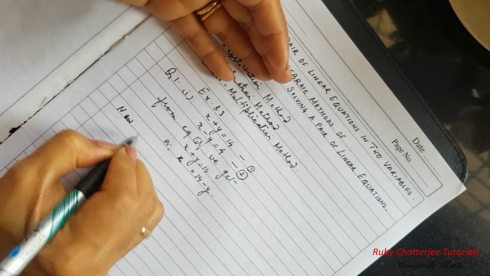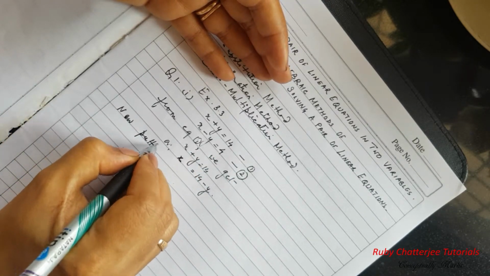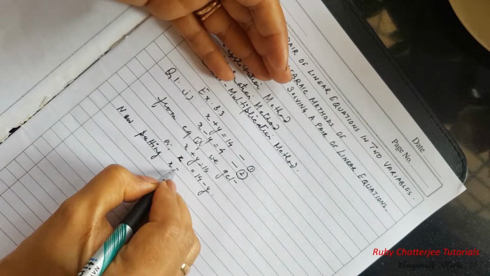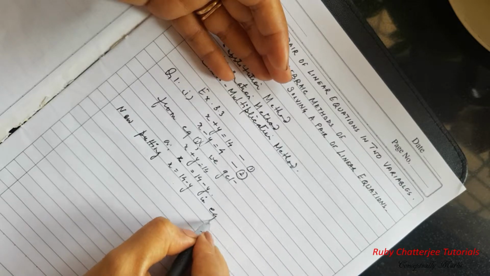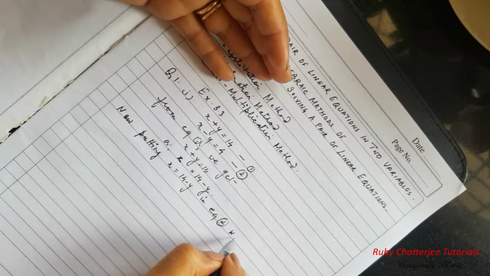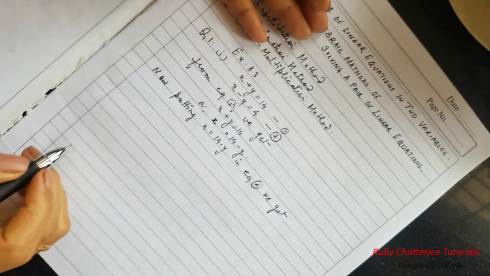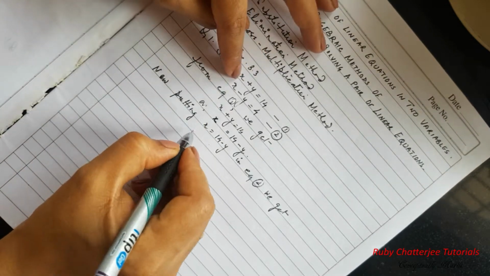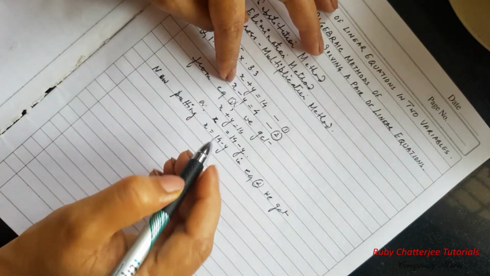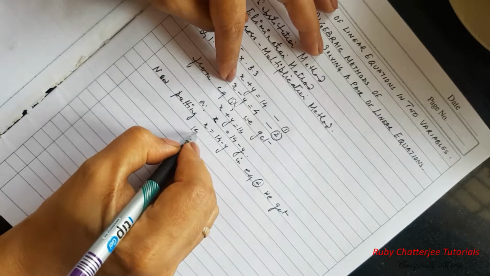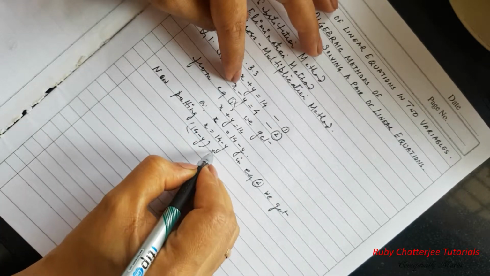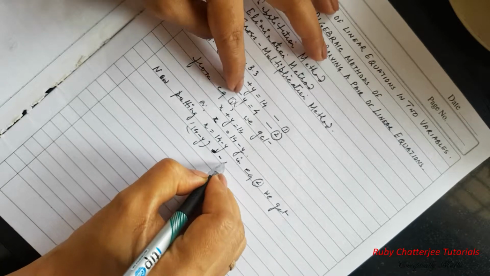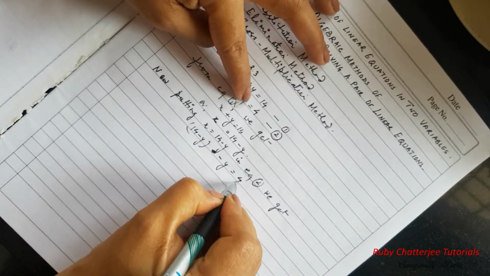Now putting x equal to 14 minus y in equation 2, we get 14 minus y minus y is equal to 4.